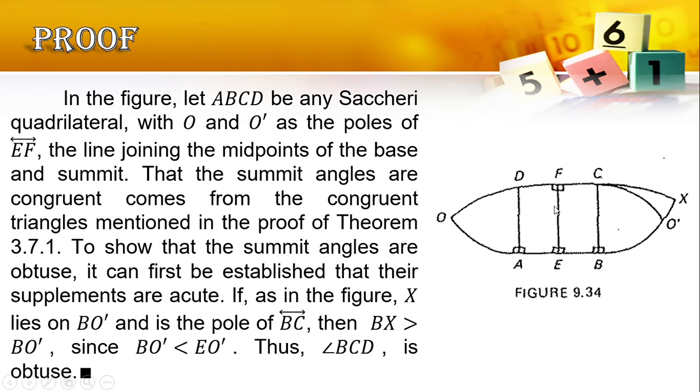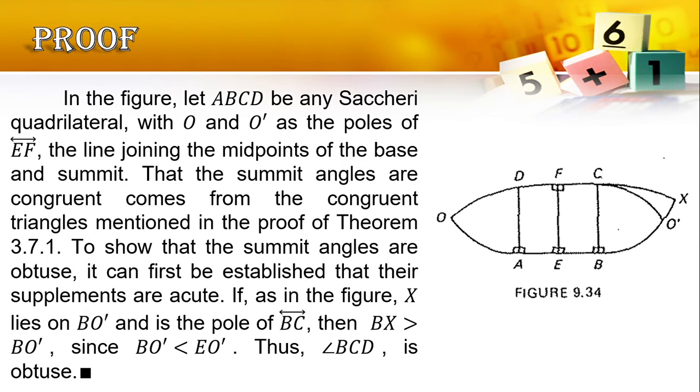So that the summit angles are congruent comes from the congruent triangles mentioned in the proof of theorem 3.7.1. So let's show that the summit angles are obtuse. It can first be established that their supplements are acute.